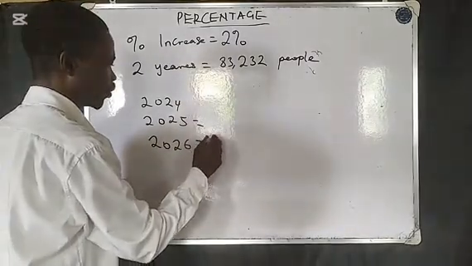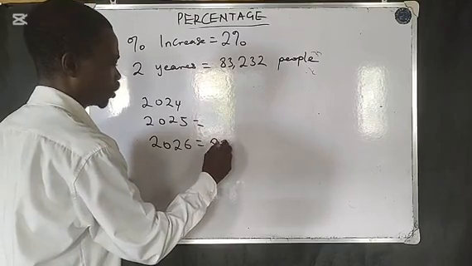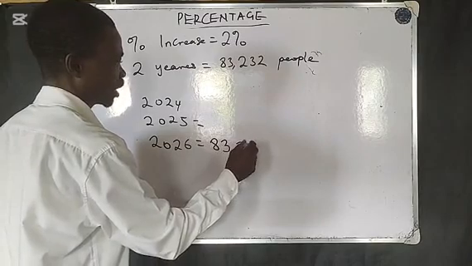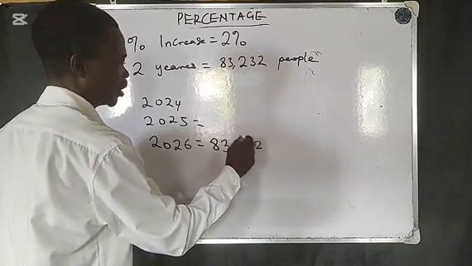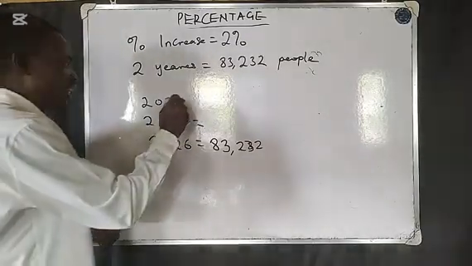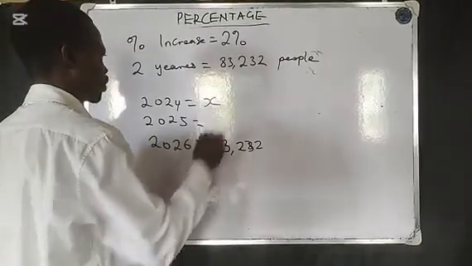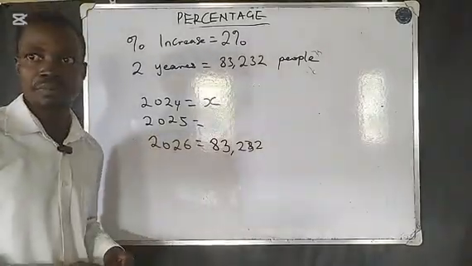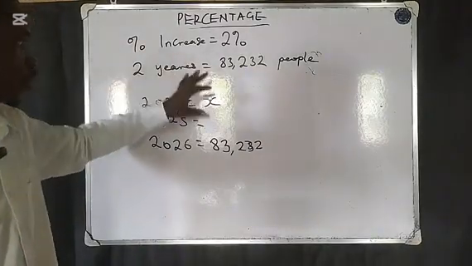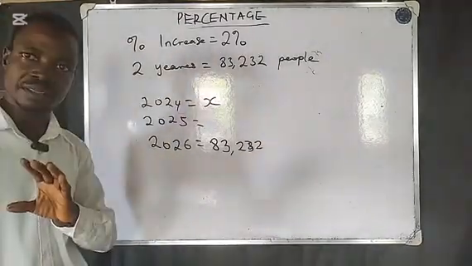We are told that the value after the increase, 2026, which is 2 years after, is this one. So for this particular year, we don't know the population. Let it be equal to X. Let the population in 2024 equal X.